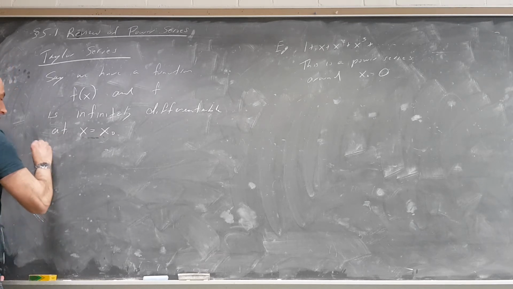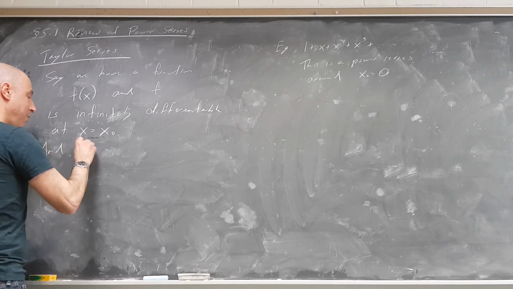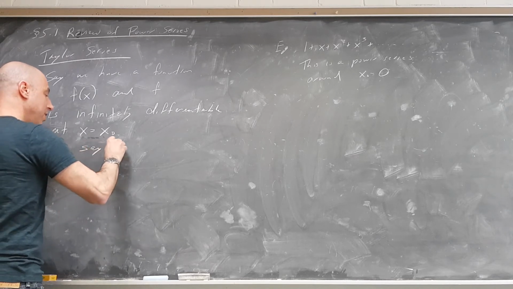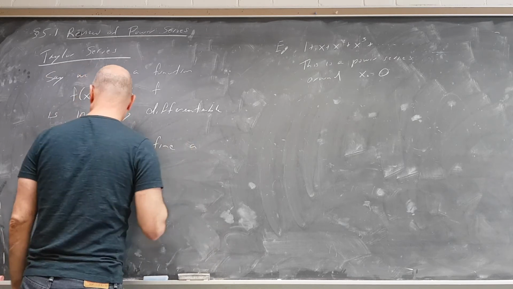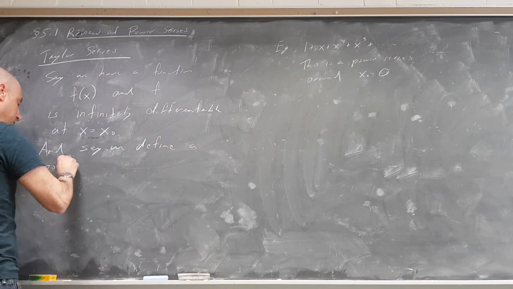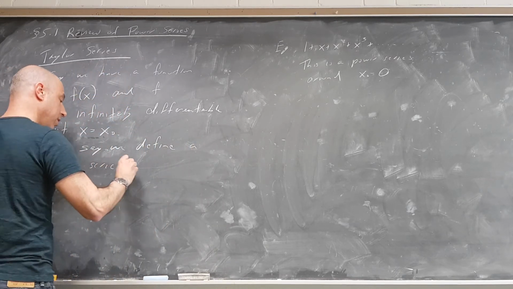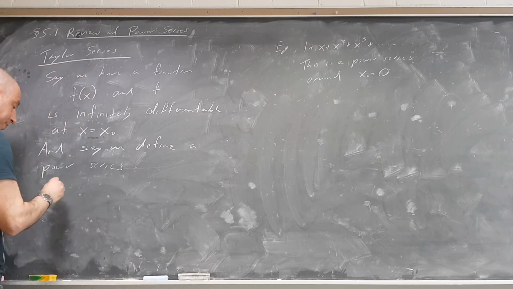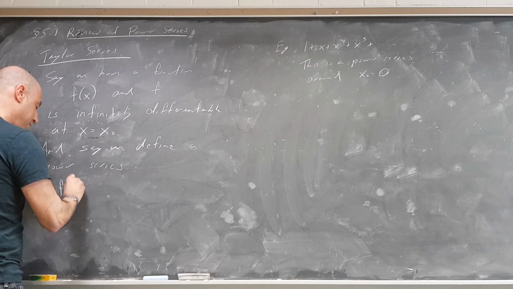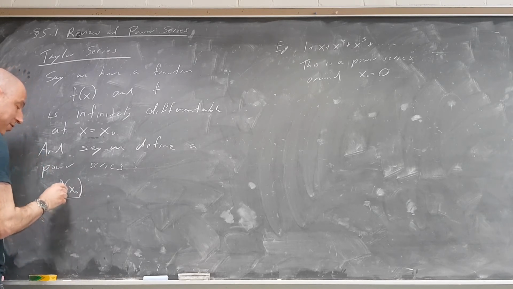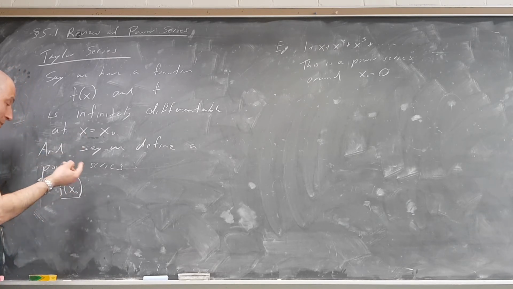And say we define a power series like so. We will just take f of x naught. This will be our constant term. Since I'm just taking f and plugging in a number, I get a number.